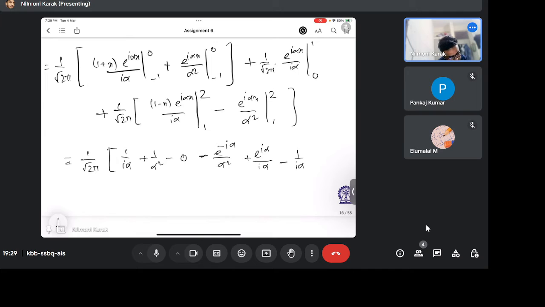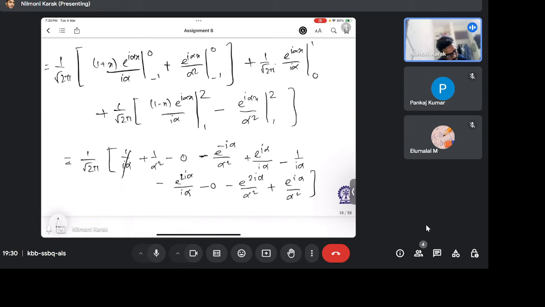Then putting 2 gives minus e to the power 2i alpha by i alpha, and putting 1 gives 0. Then minus e to the power 2i alpha by alpha square, plus e to the power i alpha divided by alpha square.